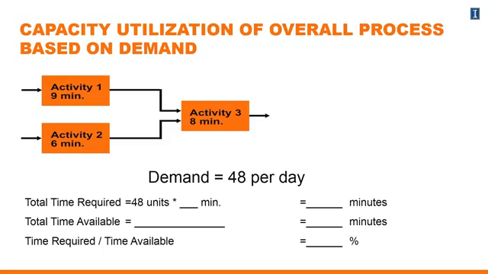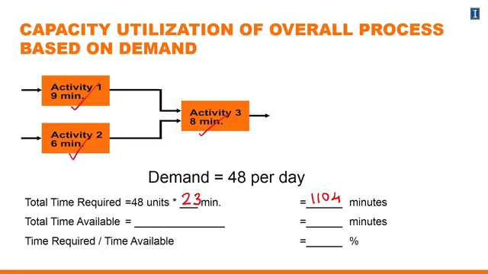Each unit represents 9 plus 6, which is 15, plus 8, 23 minutes of time. So we have 23 minutes that are utilized for every unit that we make, and that gives us 1104 minutes of time utilized. So this is person minutes going into the production of the daily demand.